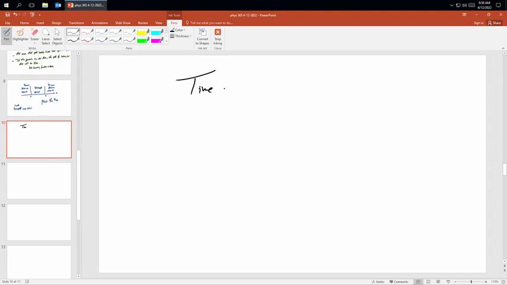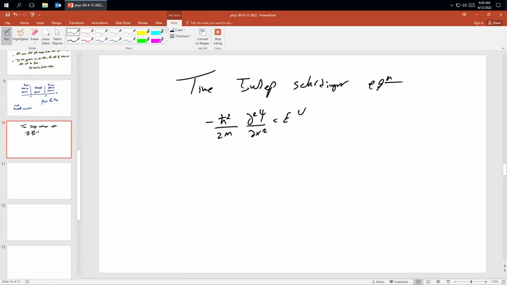So your time independent Schrodinger equation is minus h bar squared over 2m times d2 psi over dx squared is going to equal E psi.